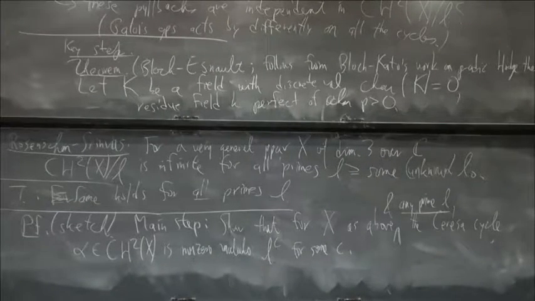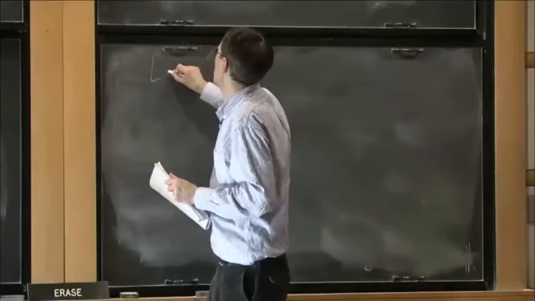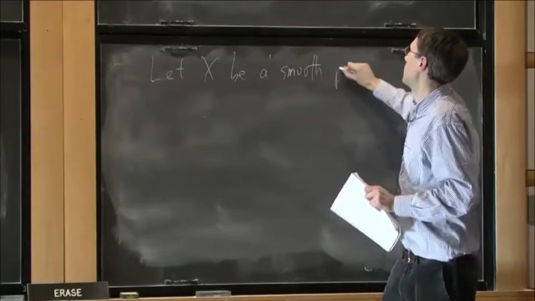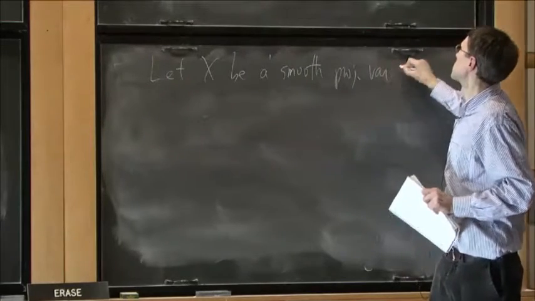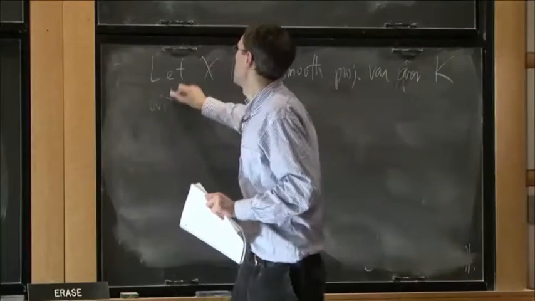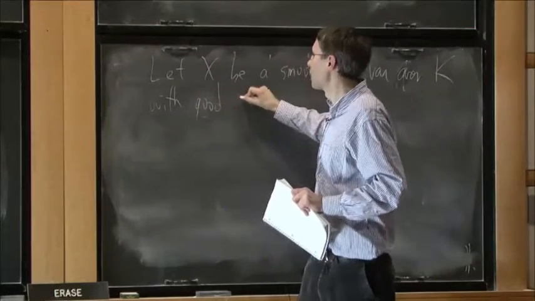And you consider a smooth projective variety over that field with good reduction at this valuation. And I ask that the reduction also be ordinary.